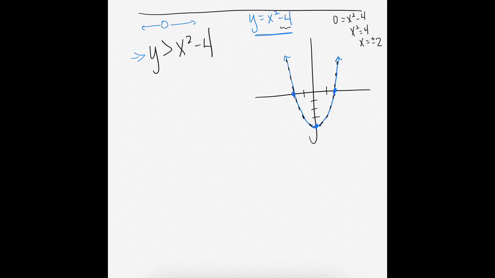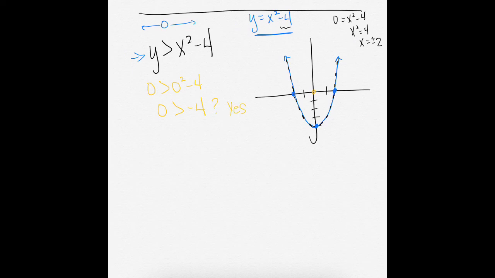So I'm going to take a test point inside my parabola. I really don't need to take a test point outside it, because if my inside is right, I should know the outside already. So I'm going to test 0, 0. That's my easiest one to test. If I plug 0, 0 into my inequality, I have 0 is greater than 0 squared minus 4. 0 is greater than negative 4.